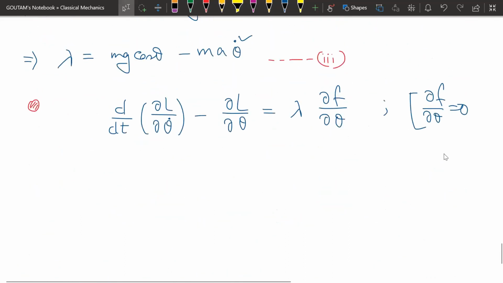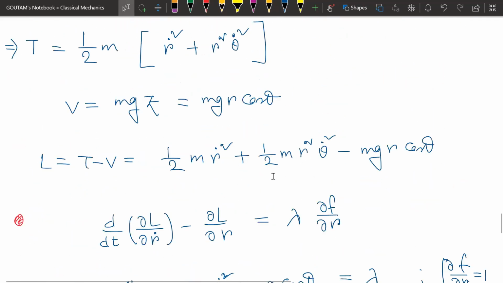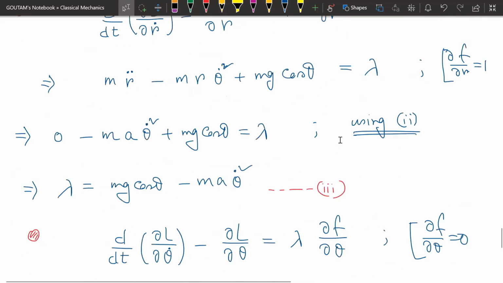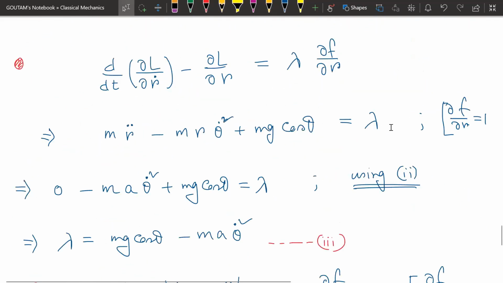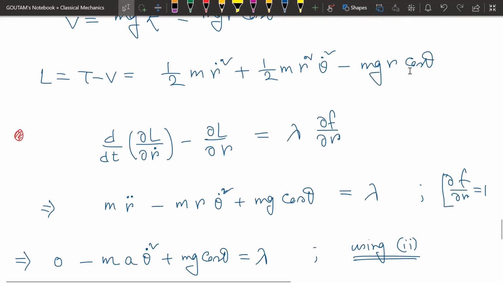So in that case, we will get d/dt of ∂L/∂theta dot, which will be d/dt of m r square theta dot, minus ∂L/∂theta. ∂L/∂theta will be mgr sine theta, because the derivative of cos theta is minus sine theta, and there is a minus sign here already.